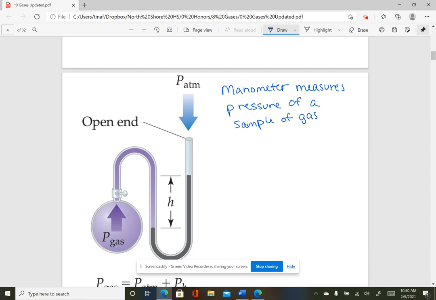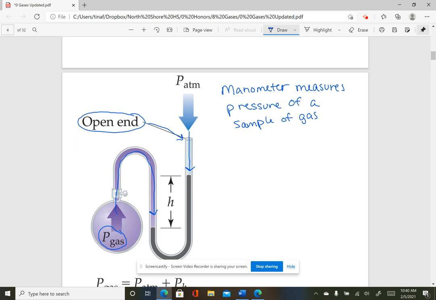What we did here was we took a gas and put it inside of a closed container. It's closed on this end, and then here we have an opening. So this gas that's in here is pushing this way, and the air pressure is pushing this way, and we have these two gases pushing against each other.